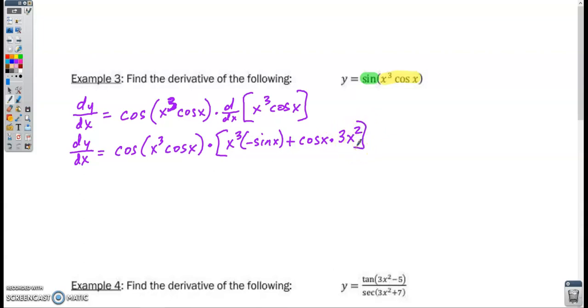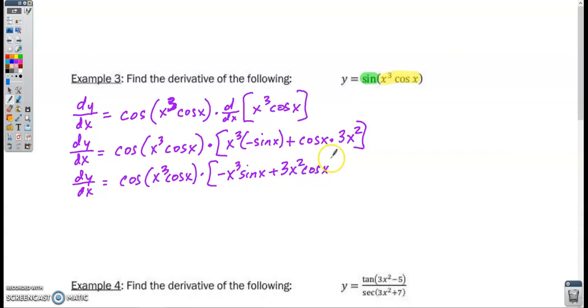And so let's see, I'm going to go ahead and clean this up. Gives me dy dx equals cosine of the quantity x cubed cosine of x times negative x cubed sine of x plus 3x squared cosine of x. And to simplify this out and make it as easy to understand as possible, I'm going to factor an x squared out of the brackets here and bring that out in front.